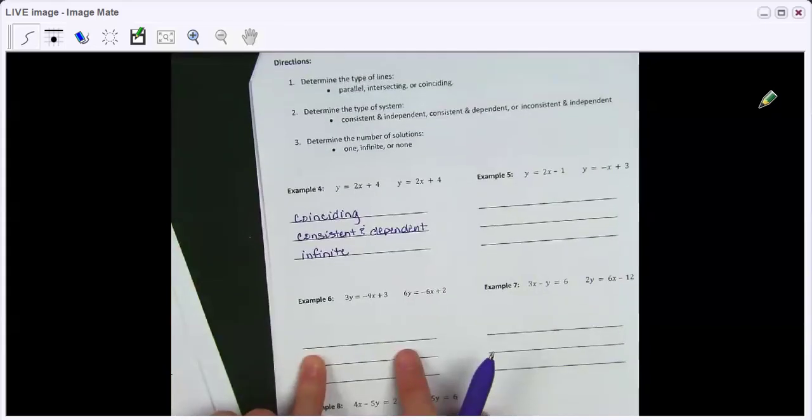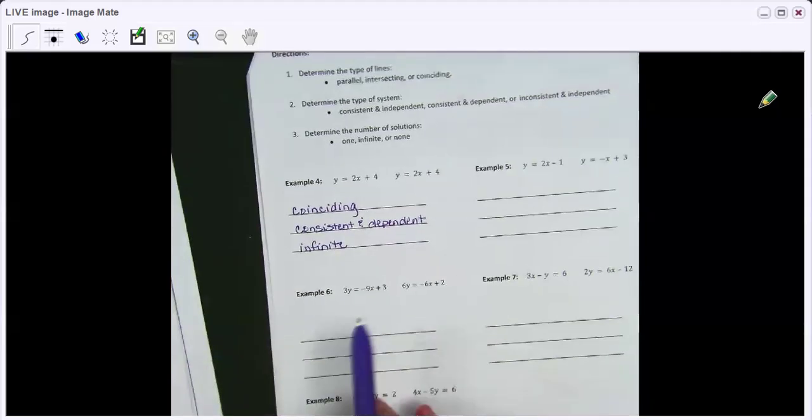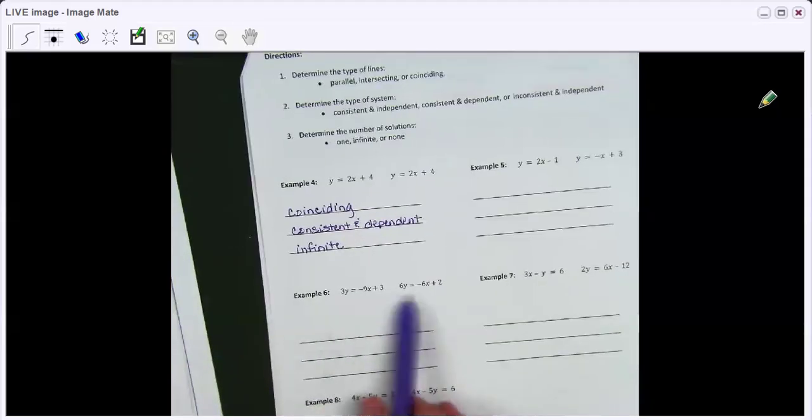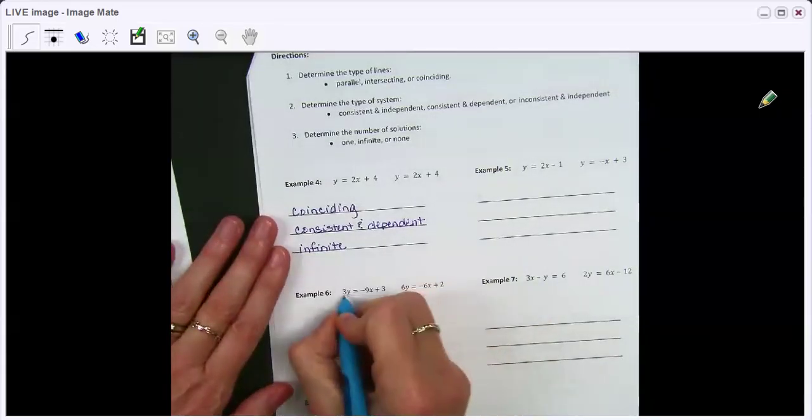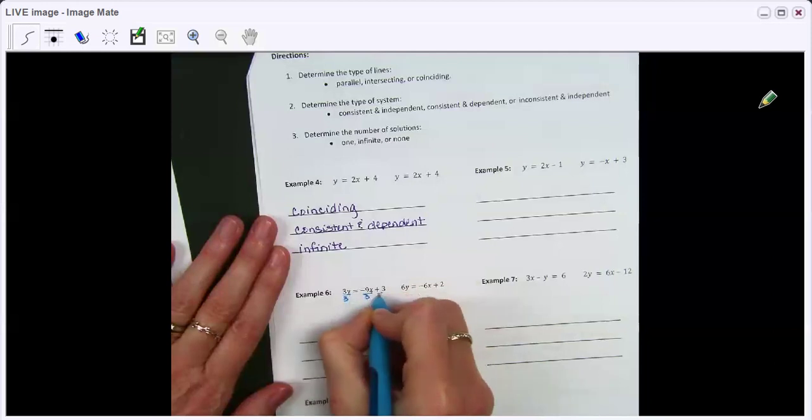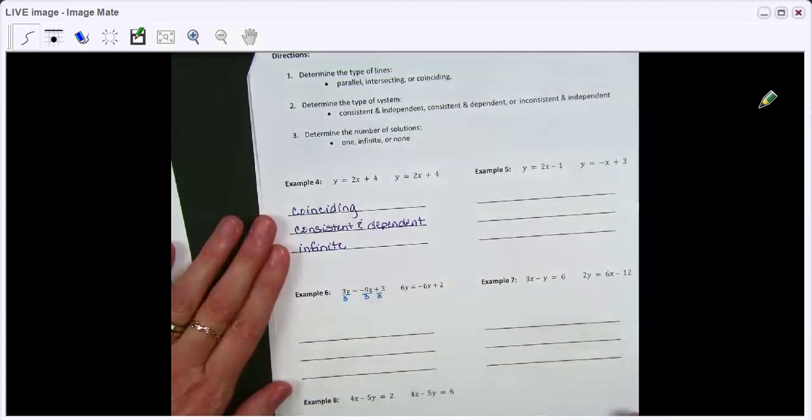I'm going to move down to example 6. So example 6, we need to rearrange these in slope-intercept form. So we're going to have to do a little bit of work here. So let's go ahead and isolate the y by dividing all terms by 3. Okay.